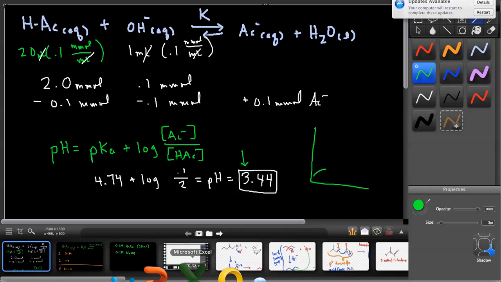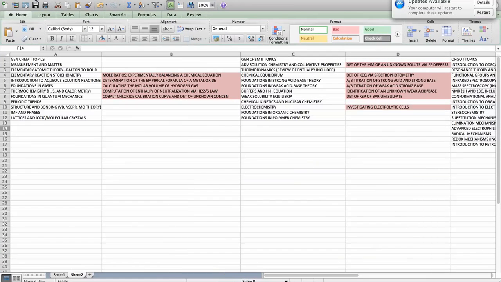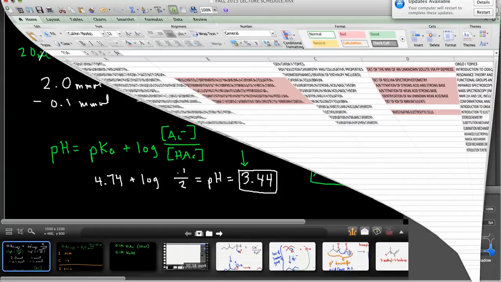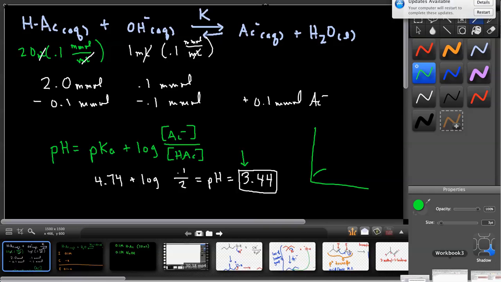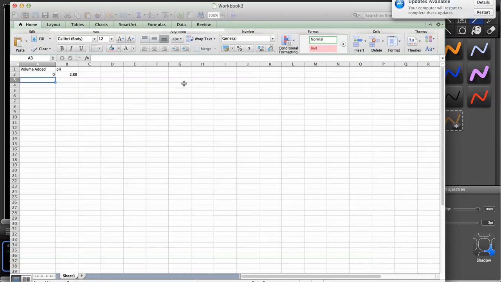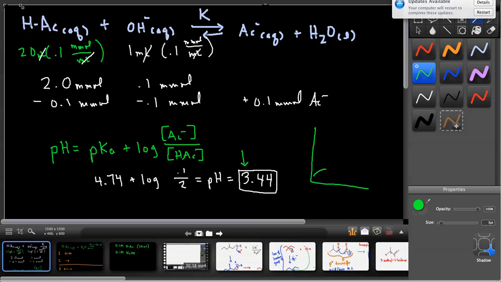Of course, now we want to go to our spreadsheet. And when we've added 1 milliliter, it is 3.44. Now, in order to save time, I think that you can certainly go through these methodically and do the calculation new every single time.